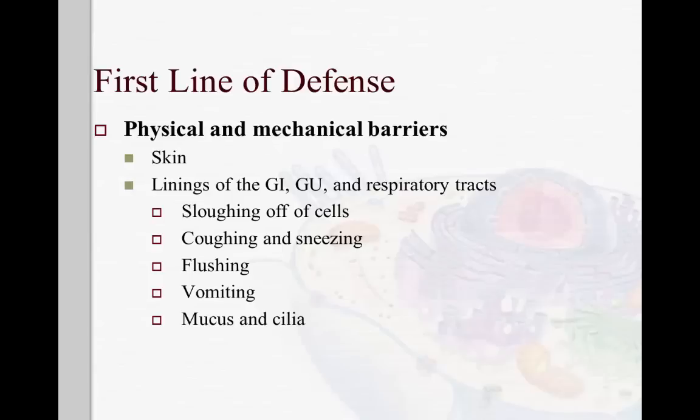Then we also have in the GI, in the GU, and the respiratory tract, other natural barriers, for example, the mechanical cleansing in the surface of the GU tract. The goblet cells, for example, that are present in the upper respiratory tract produce mucus.